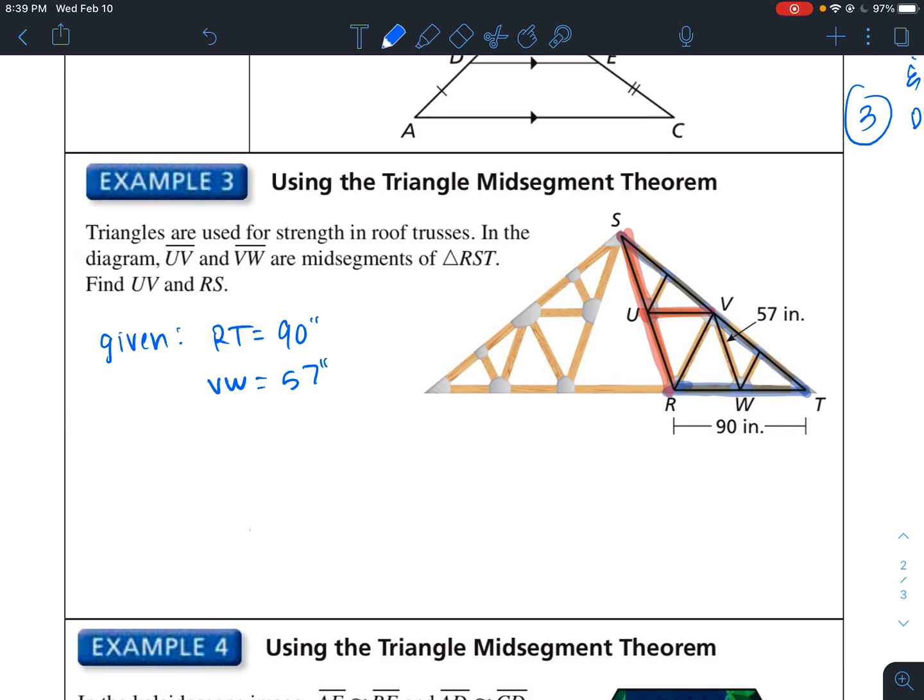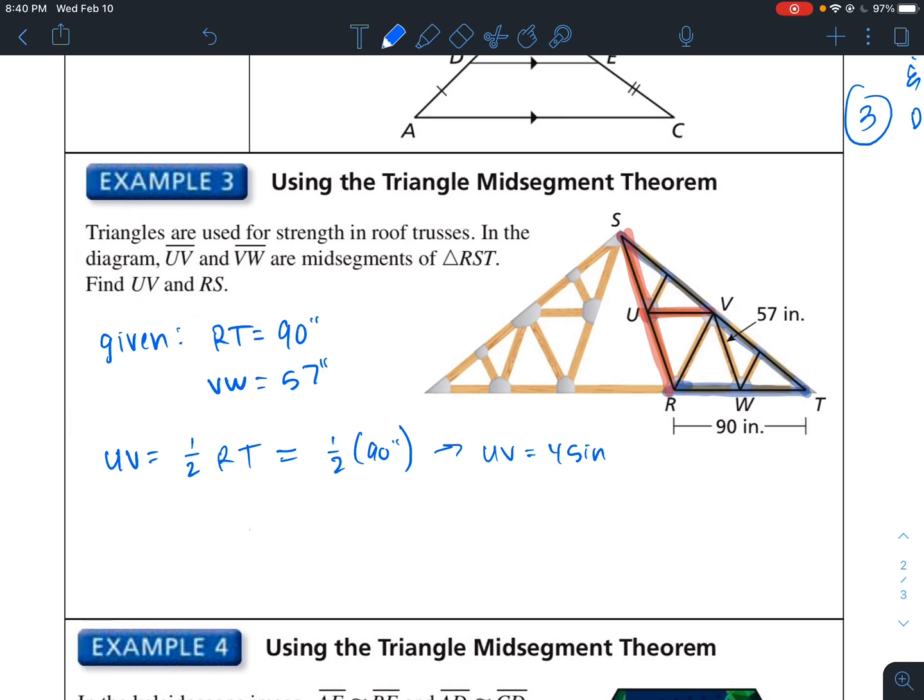So I know that UV is equal to half of RT, and I know that RT is equal to 90 inches. So then UV has to be equal to 45 inches. And I know that from the midsegment theorem.